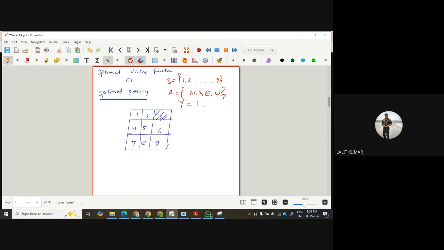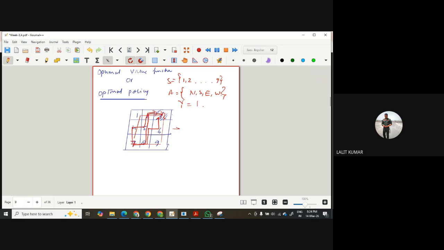And we had seen that, for example, if I start from 7, I can go like this and get the same reward. I can go like this also, and I will get the same reward.